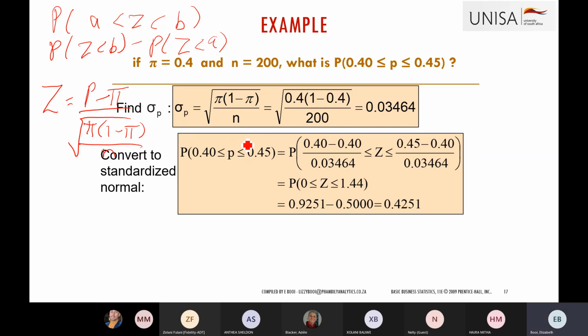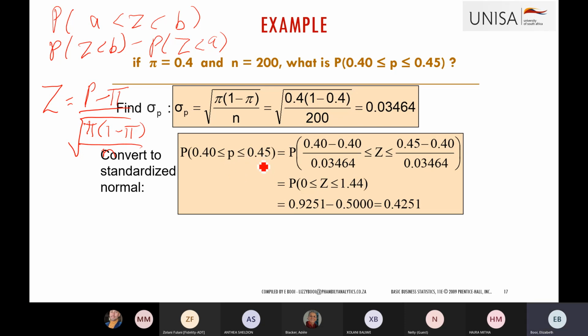Calculating, remember to do things step by step. So 0.40 minus 0.40 gives me 0. I don't even have to do the one at the bottom, because 0 divided by any value will just be 0. Then 0.45 minus 0.4 is 0.05, divided by 0.03464, which gives me 1.44.